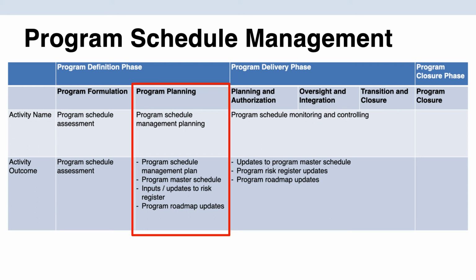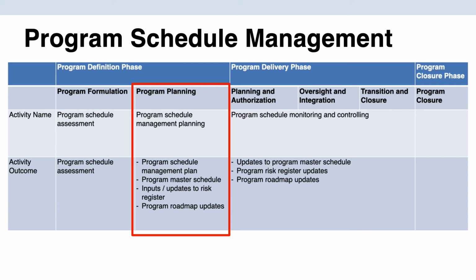During the program planning subphase, the program schedule management planning activity will happen, and this will create your program's overall schedule management plan, the program's master schedule, and updates to both the risk register and the program roadmap.